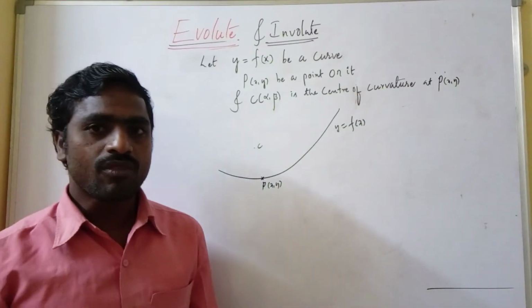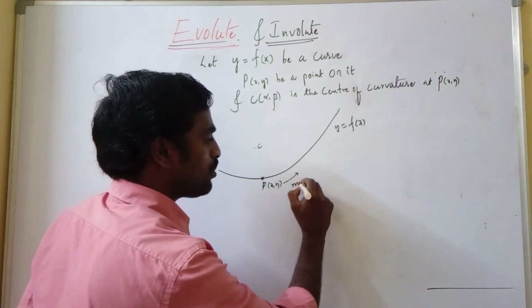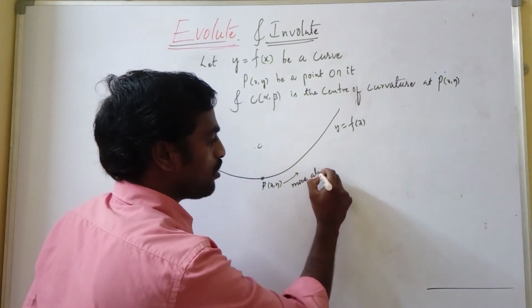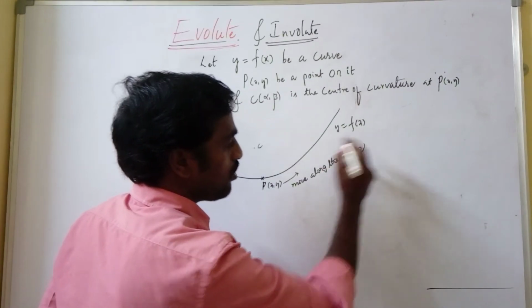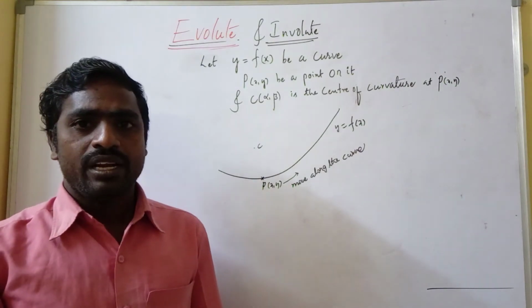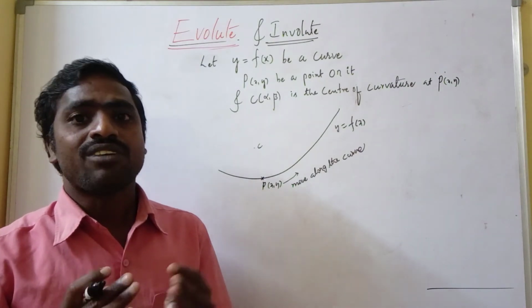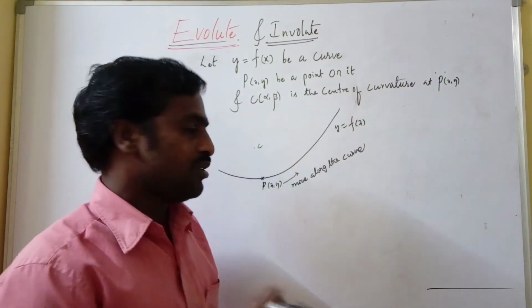Next, if P moves along the curve, we obtain different circles of curvature.